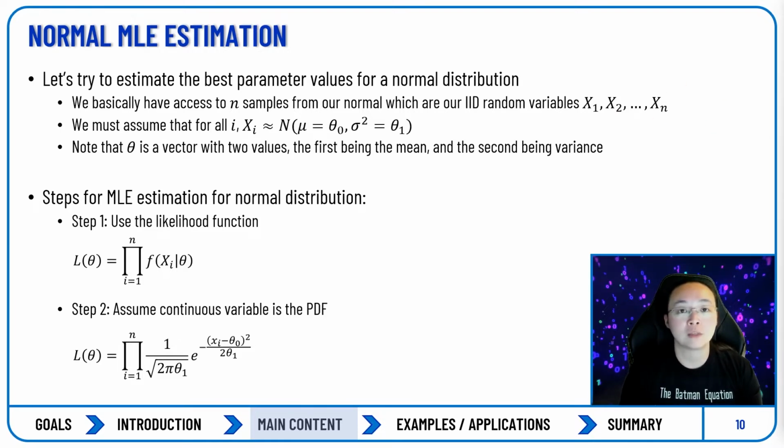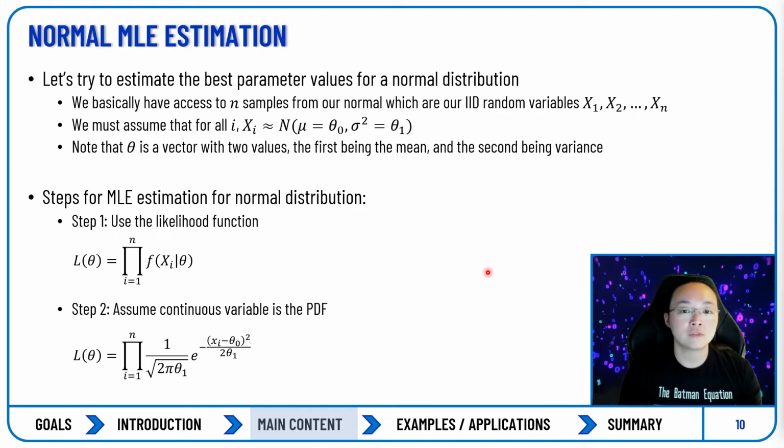We're going to assume that for all i, xi is drawn from a normal with a mean as well as some variance. Remember, mu has traditionally been used for mean in this course, and sigma squared refers to variance. We're going to call theta 0 mu and theta 1 sigma squared, just so that we can have those two values as part of our parameters.